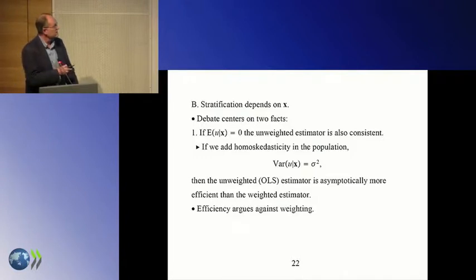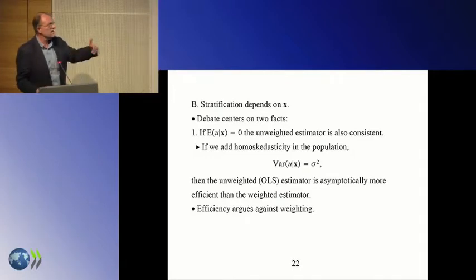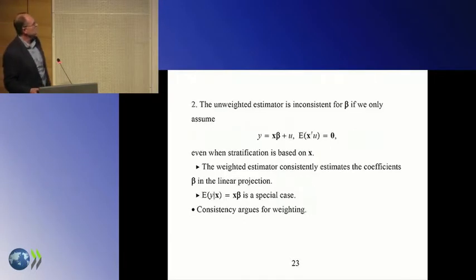So this efficiency argument argues against weighting, although I do want to point out one thing. This hinges on there being homoscedasticity in the population. It's possible that using the weights could somehow proxy for the heteroscedasticity, and it could actually be more efficient. Okay, but this is under the kind of standard Gauss-Markov assumptions. Conditional mean is correctly specified. Conditional variance is constant.